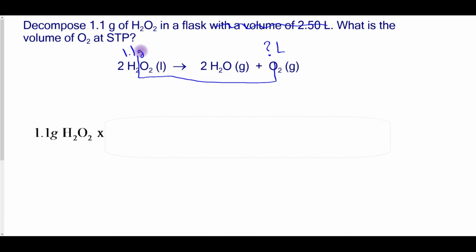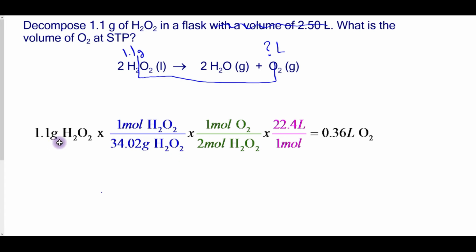That means I have to go from grams of hydrogen peroxide. Then I'm going to have to use my mole ratio to go from hydrogen peroxide to oxygen. Lastly, I need the volume of gas at STP. That means I'm going to change to liters. The problem starts with grams of hydrogen peroxide.